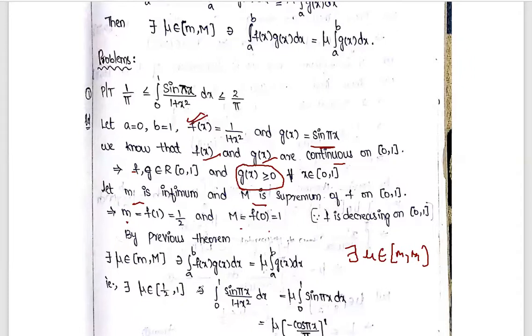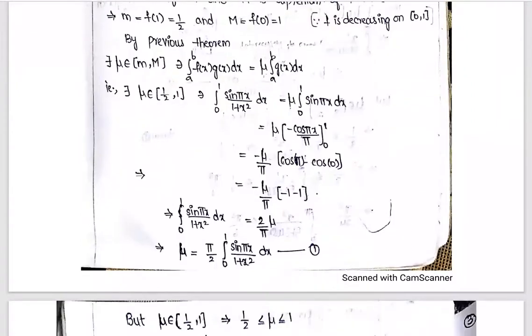There exists some mu between small m and capital M such that the integral of f(x) g(x) dx equals mu times the integral of g(x) dx. This is the formula, right? So what is mu? 1 by 2 comma 1, that is infimum and supremum. I'm taking the entire function, integral 0 to 1 of sine pi x.